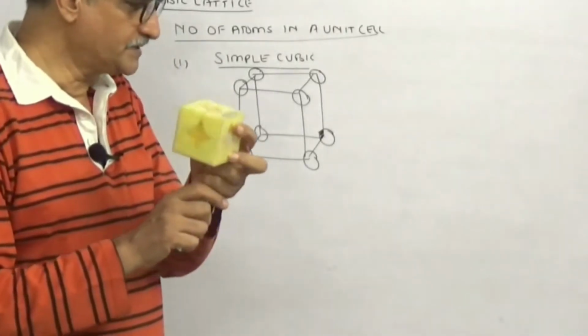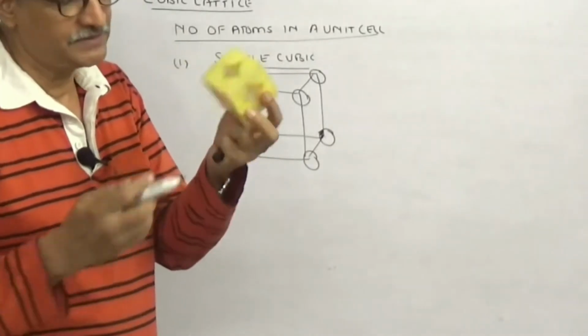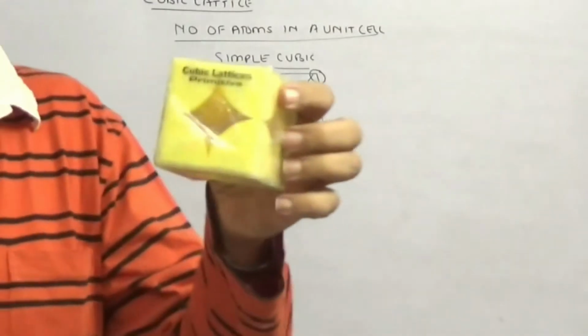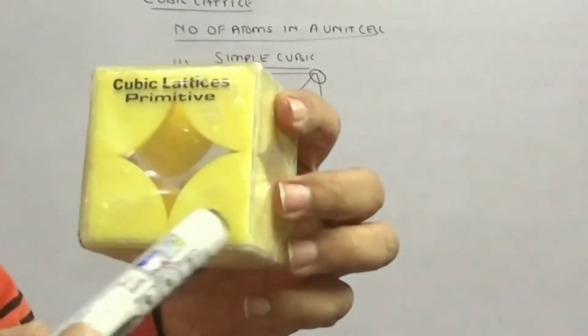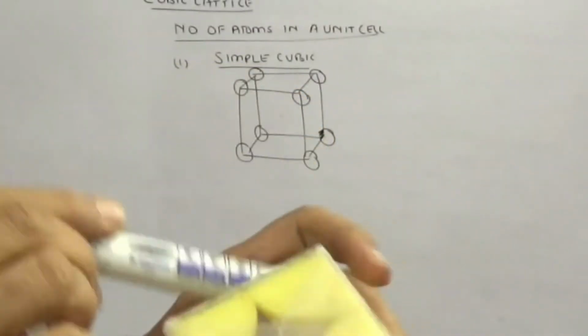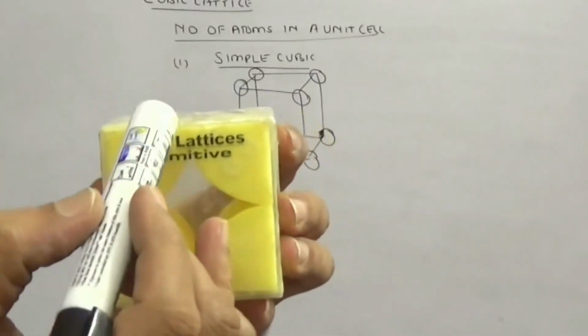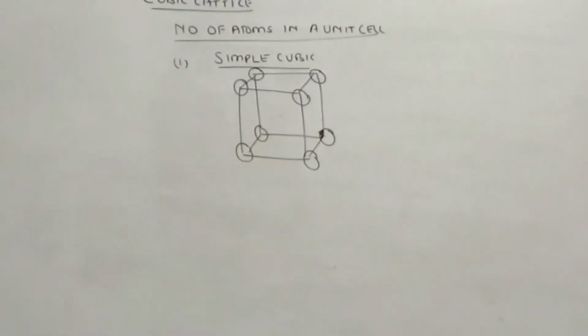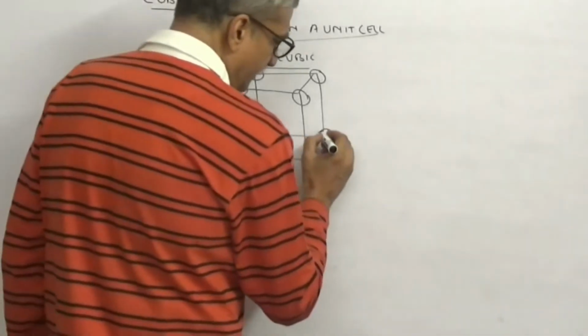Now when you're talking of simple cubic, where are the atoms present? The atoms are present in the 8 corners, 4 plus this 4. But you can see that this atom is not completely part of this unit cell. So here we come to a calculation of this fraction.